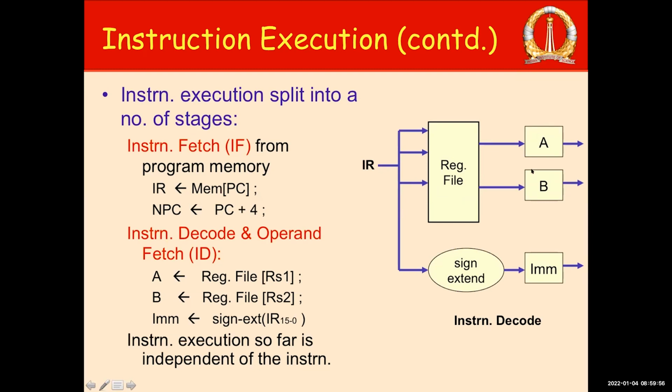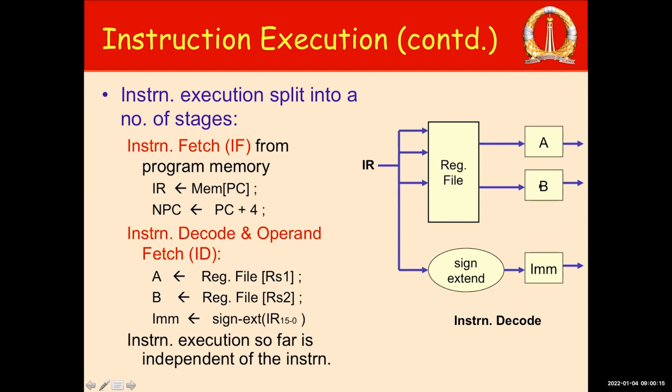At this point in time, the instruction decode phase may not even know whether the instruction is in the R format or I format or J format, right. It will simply assume that if it is in the R format, then the A register and B register will contain the 2 source operands.